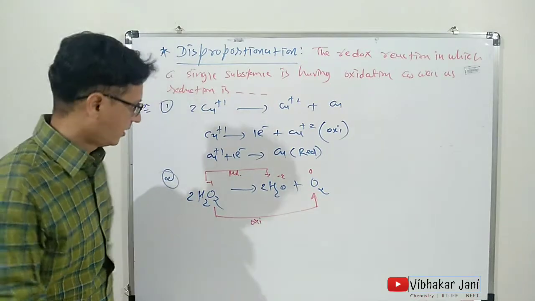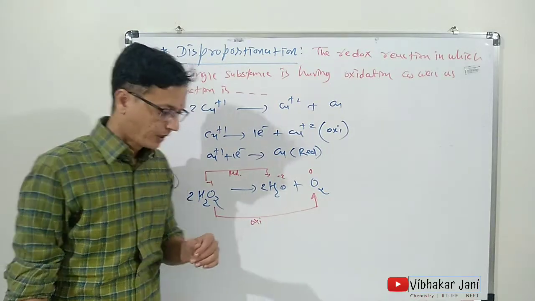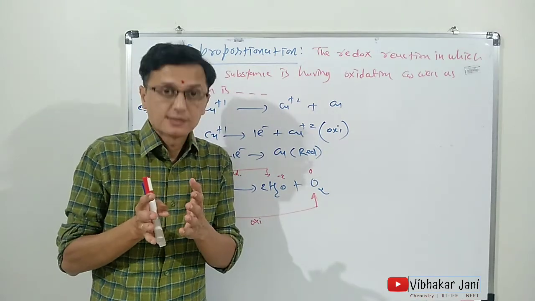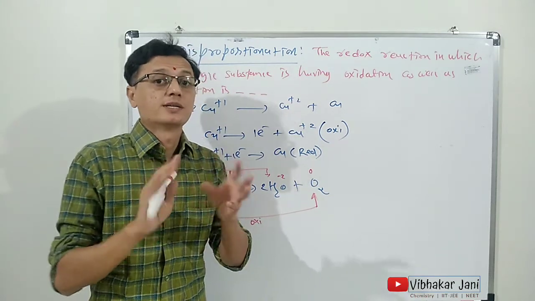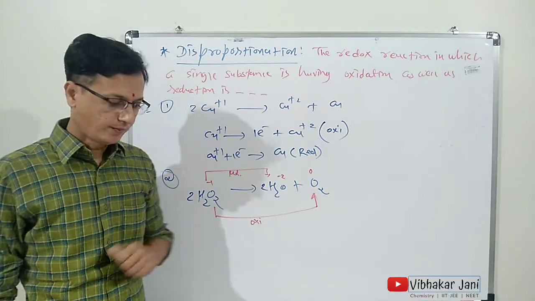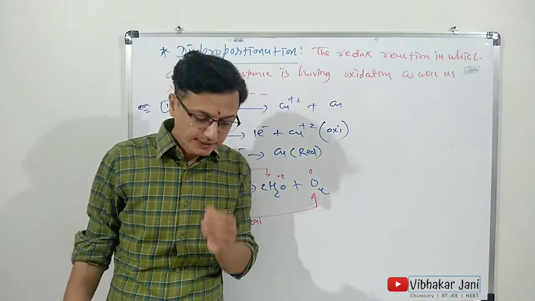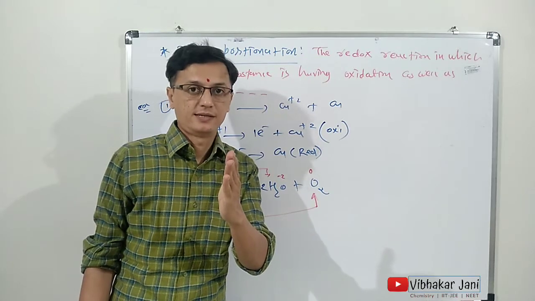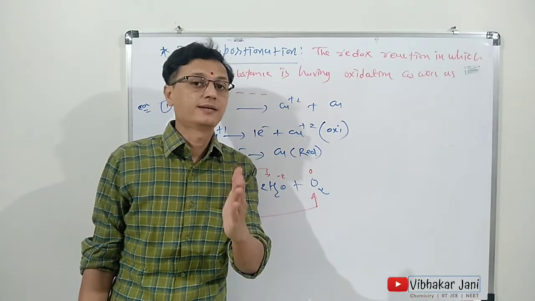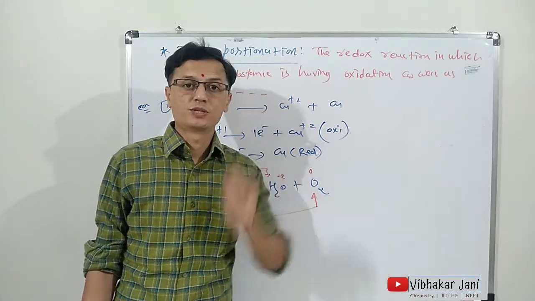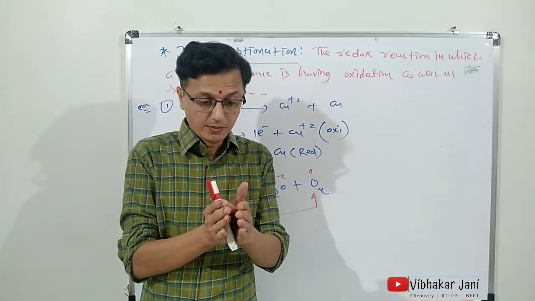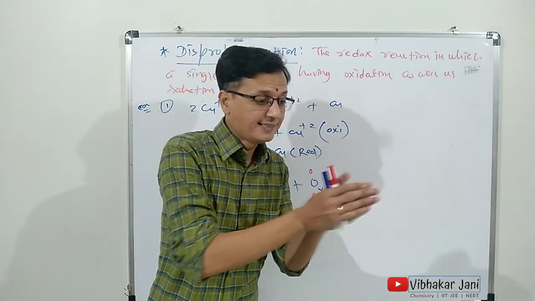Okay, now let me tell you something. How can we decide whether a species can undergo disproportionation or not? For that, if a species is having an intermediate oxidation state, then it can go in disproportionation, because the species must be oxidized as well as reduced.